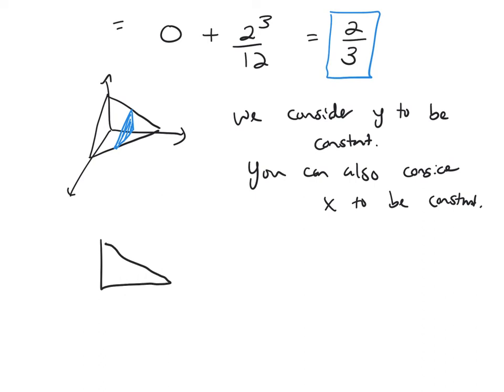So the height here of this triangle is given by z, 2 minus x minus 2y, and y is going to range from 0 to 2 minus x over 2.